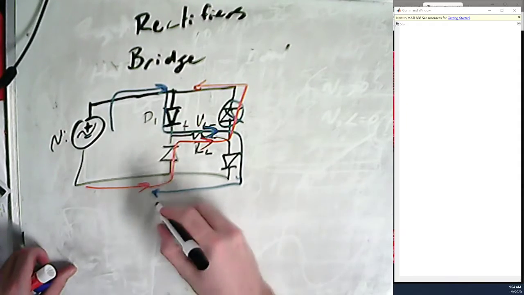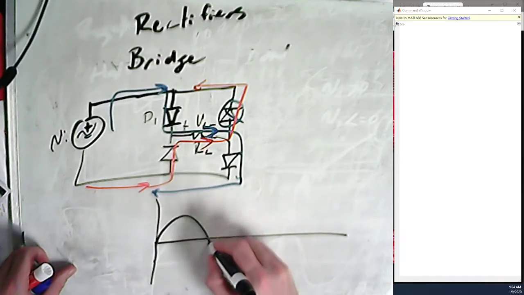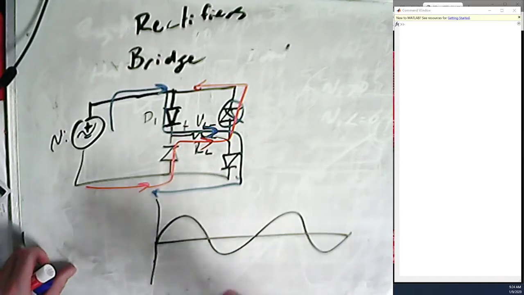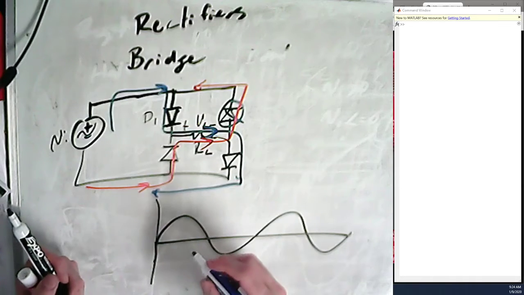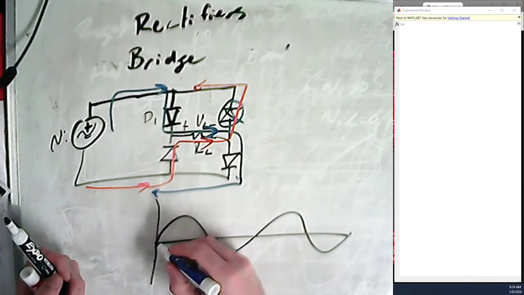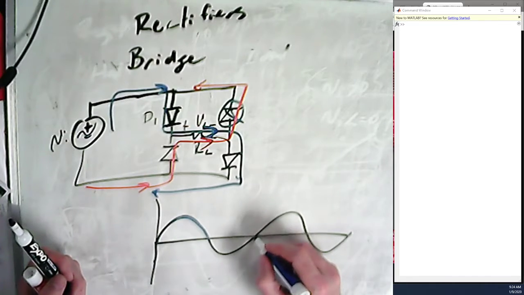And so if we make our same wave format like that, now that looks pretty good. If we make that same format like that, and we look at what the current is, so for the one blue pathway, it's when it was positive, and it's just going to match because those diodes are ideal.